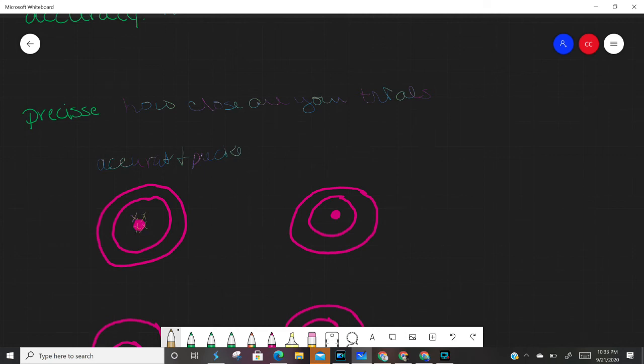So that is accurate and precise. If it's accurate and not precise, then it means I'm going to be kind of close to the center, but my groupings are going to be, some may be kind of far down. So these are not close together, but they are kind of close to our target. So we can be accurate but not precise.